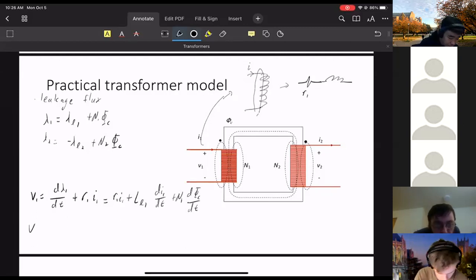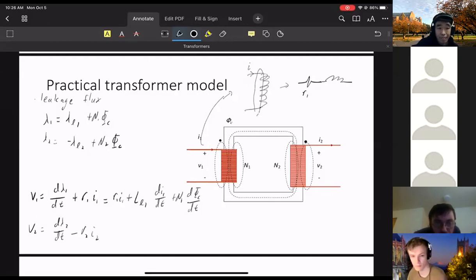V2, we can do the same. This is time derivative of the flux minus R2 I2. The minus sign comes from the fact that the current is flowing out of V2, right? So there's a minus sign. As where basically the current reduces, sorry, the voltage reduces by this current flow.